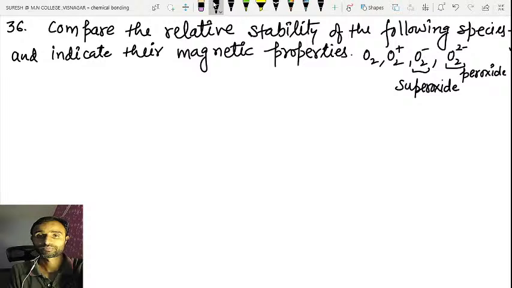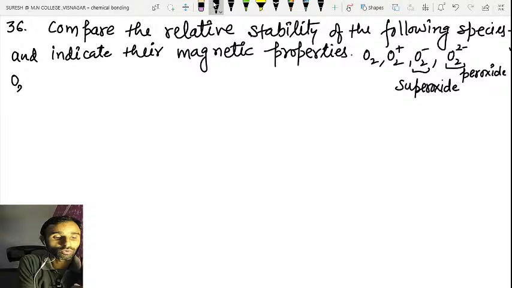Okay. Now let us write the electronic configuration of O2.